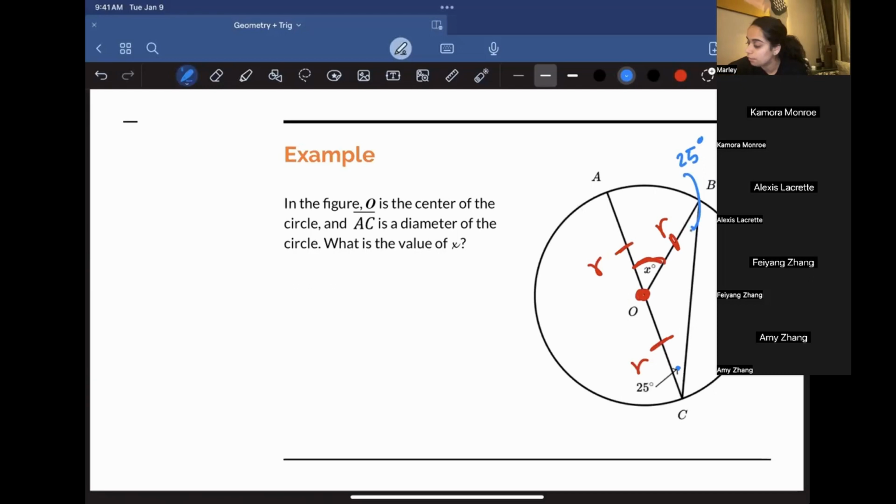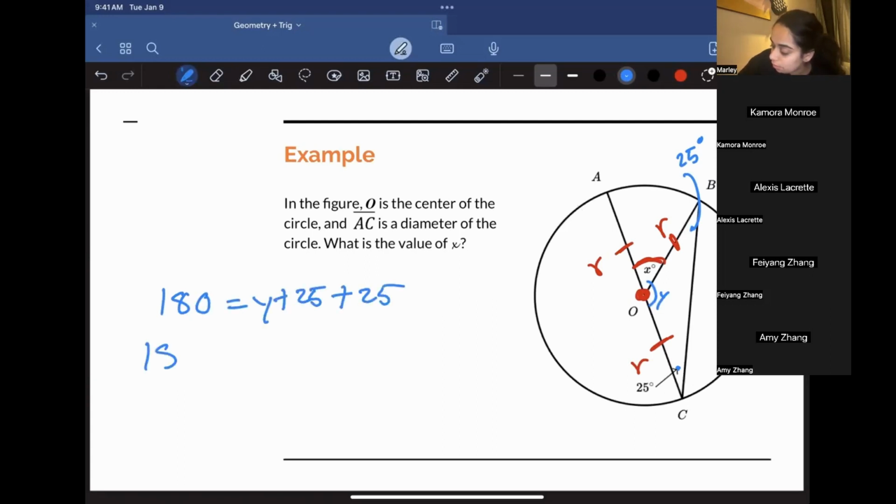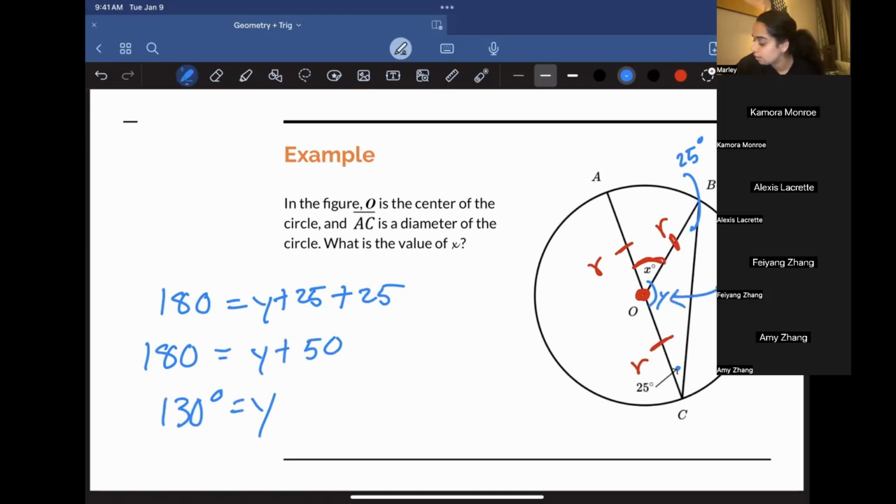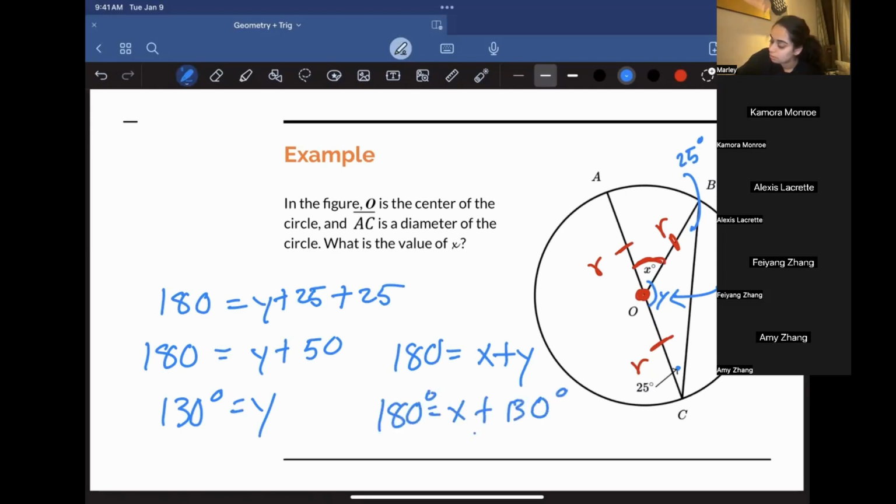If that's 25 and this is 25, then this, let's call this y, 180 equals y plus 25 plus 25, 180 equals y plus 50, 130 degrees equals y. And x, 180 equals x plus y, the full line. So 180 equals x plus 130, so x equals 50 degrees. That's how I would solve it.